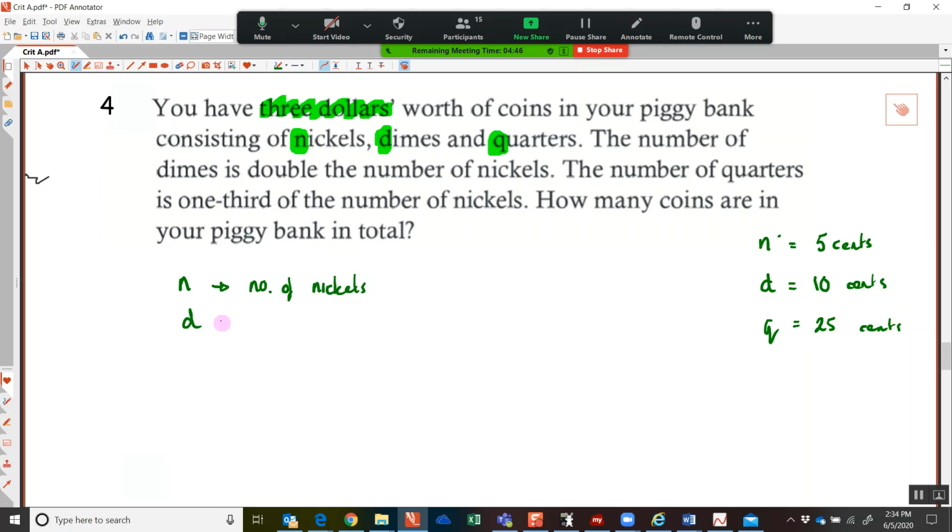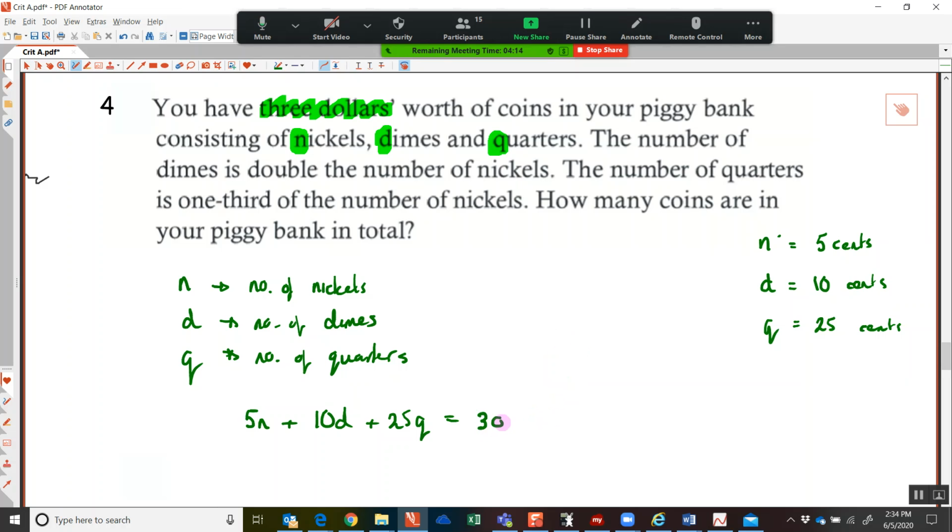D is the number of dimes. Q is the number of quarters. So what do I know? Well, I know that I've got $3 worth. So I can say that N lots of 5 plus 10 lots of D plus 25 lots of Q has to equal what?